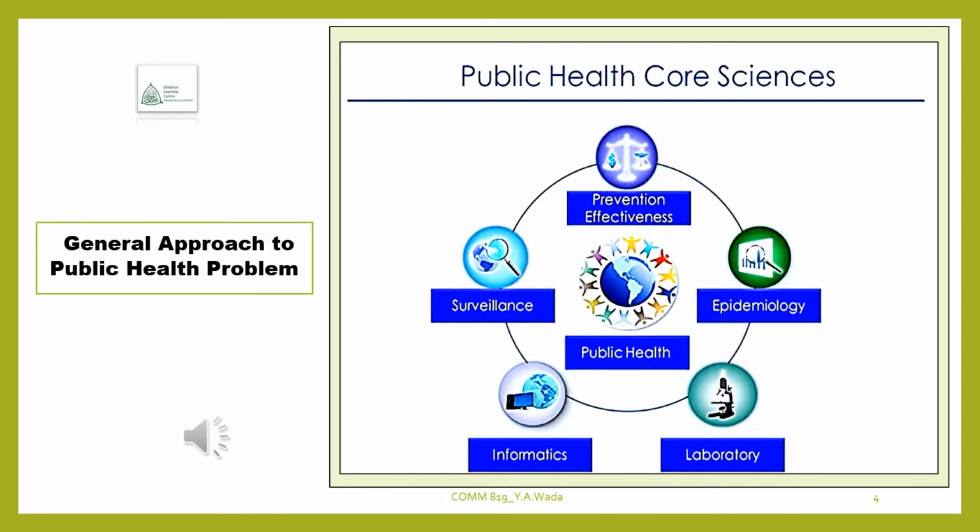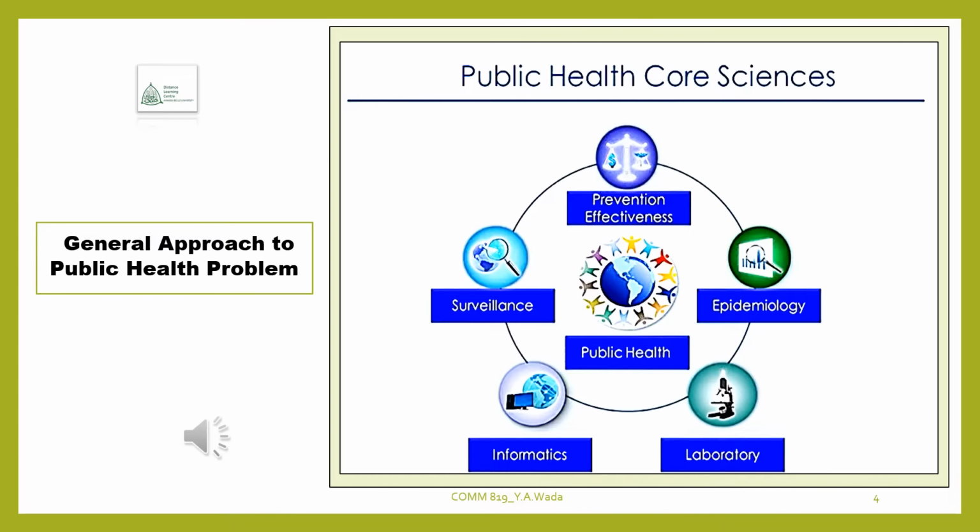And finally, the science of public health policy, which is better able to respond to all of the information the other sciences can provide in order to come up with appropriate recommendations regarding the public health problem.